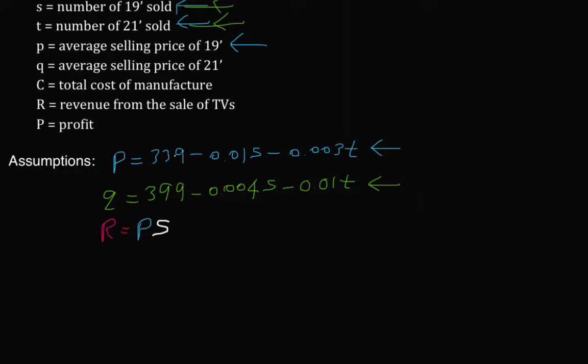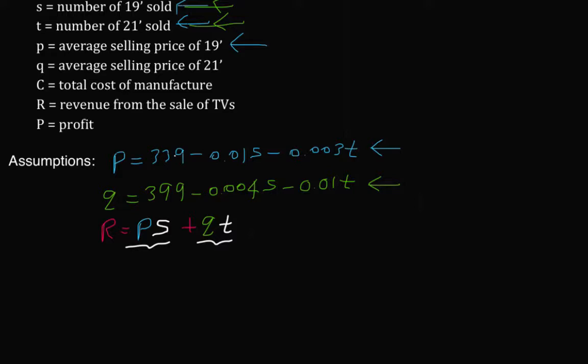Therefore, multiply by S. Then plus the same thing for the 21 inches TV. So the selling price for this 21 should be Q. Then the number of TVs of 21 is T. So this is the income by selling 21 inches TV. This is the income by selling 19 inches TV. Therefore, add them together, then you will get the revenue, which is income.